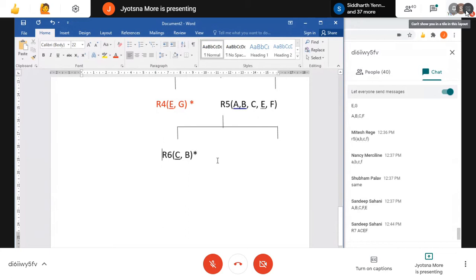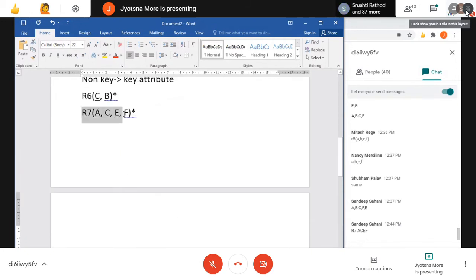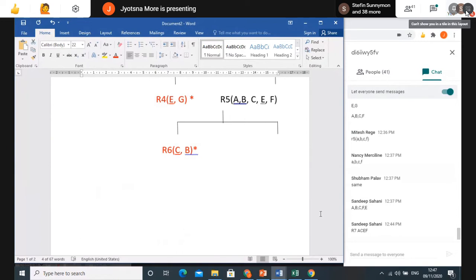So this is also my final functional dependency, as well as R7. So write down all these and then draw this dependency diagram, which I have done just now for you. So you can see how to draw the dependency diagram. One I have shown, so every time you can do that.